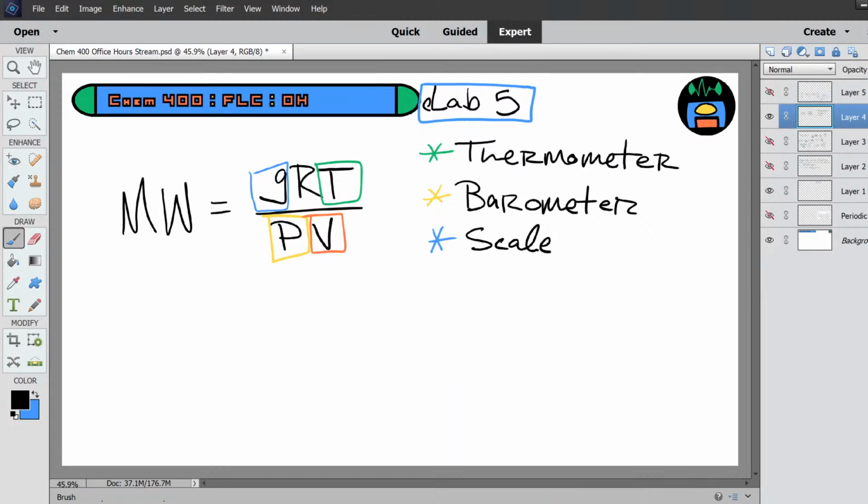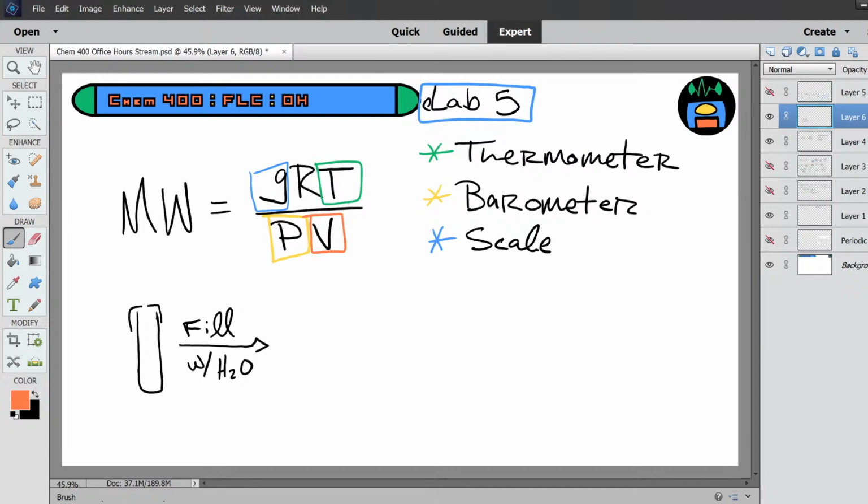Now the question is, how do you measure the volume? Right? How do you measure that volume? And the way you do it is you take the container that you had when it's empty, and you fill it with water. I'm going to use this orangey color.